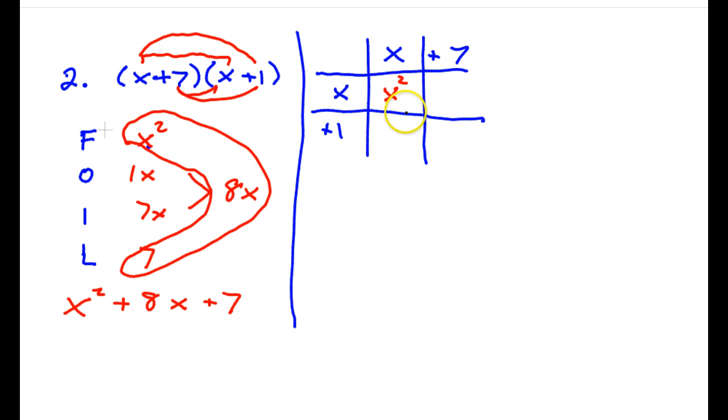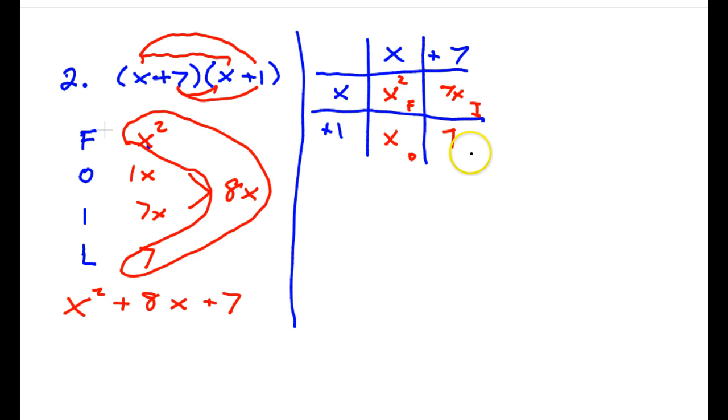You notice how this is the same as the F. Same thing. X times x. X times 1, that's the x. That's the same as the O here. And then 7 times x, 7x. That's the I. And then 7 times 1, that's the L.